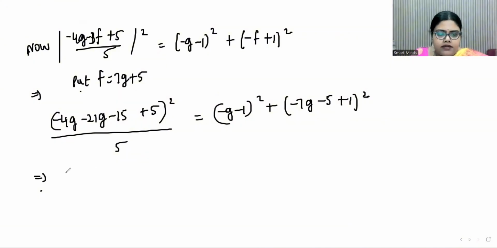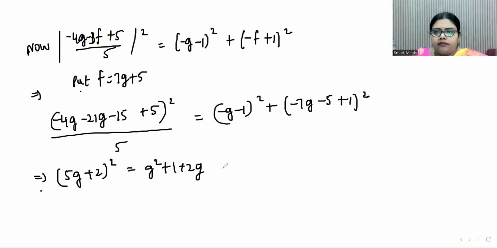So you will get 5g plus 2 whole square is equal to g square plus 1 plus 2g plus 16 plus 49. Okay. So that is g square plus 56g.